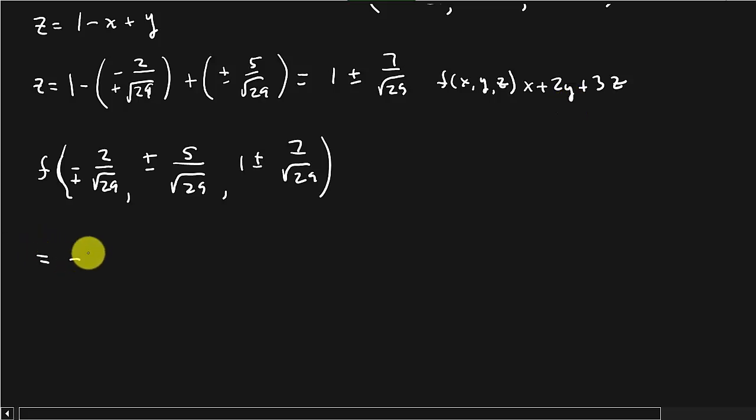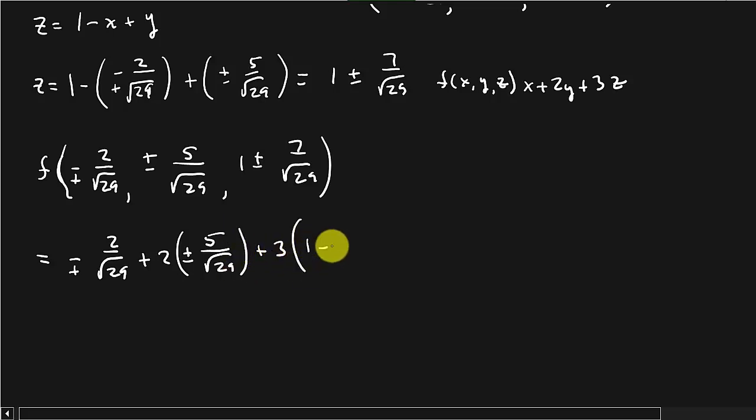So that's going to be negative positive 2 over square root of 29 plus 2 times plus or minus 5 over square root of 29 plus 3 times 1 plus or minus 7 over square root of 29.